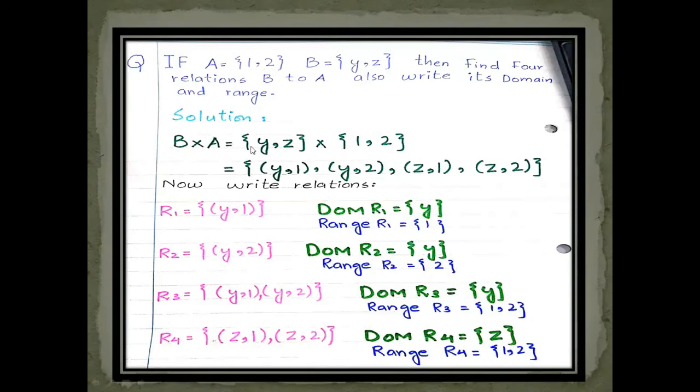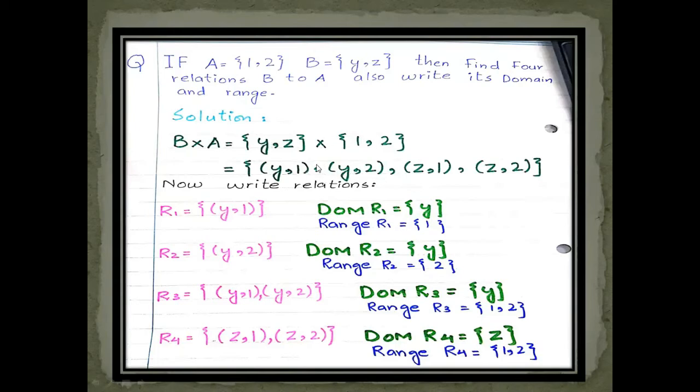Now multiply these two sets by taking the first element from the first set and the second element from the second set, and we are using parenthesis here. Okay, so (Y, 1) is the first ordered pair, and we are using a comma within the parenthesis to separate the X component from the Y component, or the first element from the second element. Now (Y, 1), then (Y, 2).